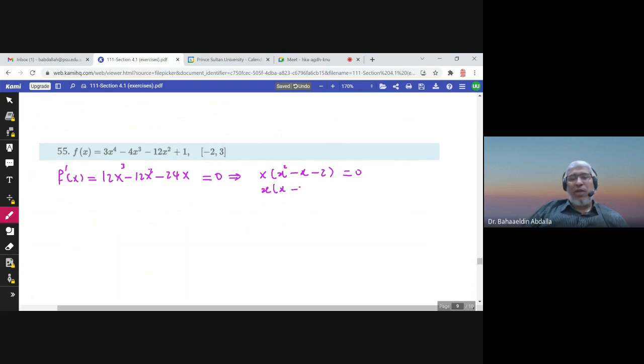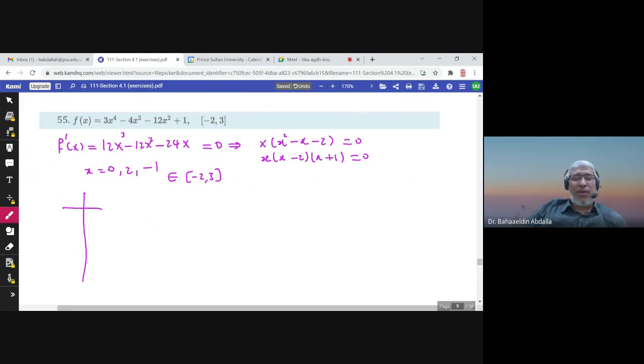So the critical numbers are 0, 2, and negative 1. Now, all of these numbers are again in the interval from negative 2 to 3.